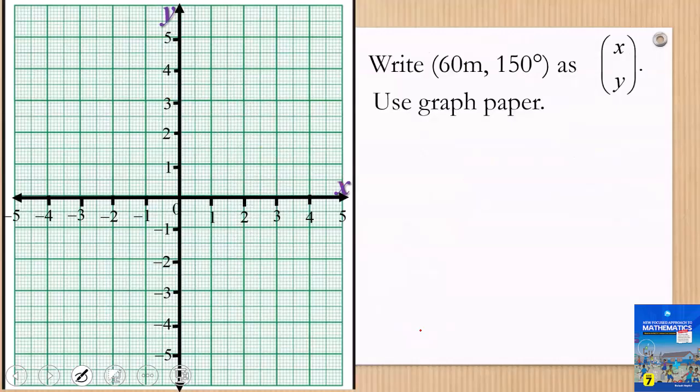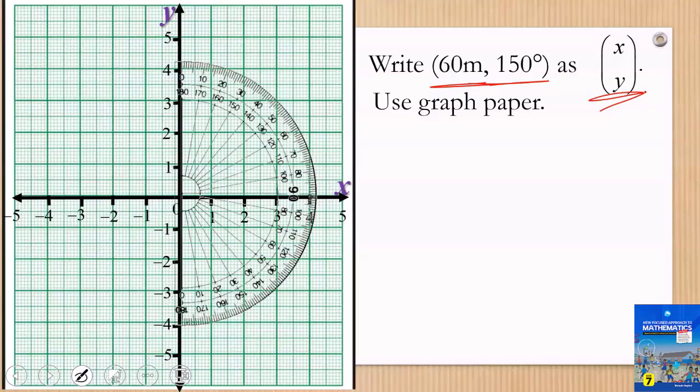So this time around, we have 60 meters, 150 degrees, and we want to convert that to the form (x, y), that is, component form. Once again, from the origin, we position our protractor, and bearing is taken from the north pole and goes clockwise.